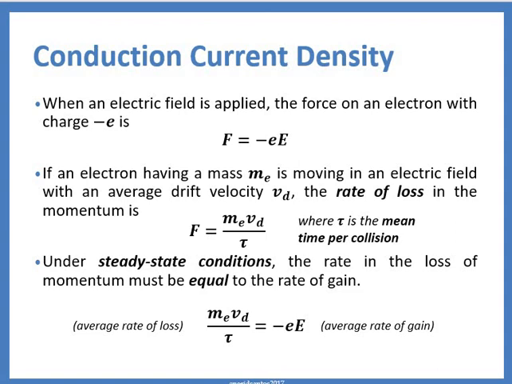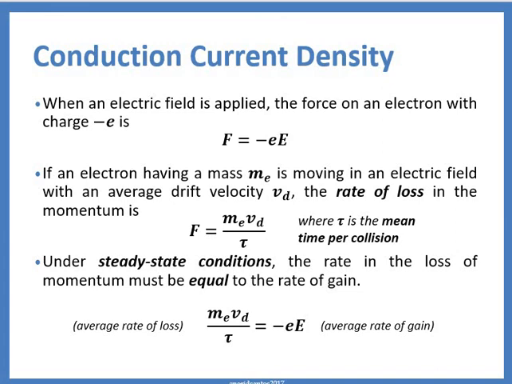Whenever an electric field is applied, the force on an electron with a charge of negative e multiplied by the applied electric field E is the force on the charge, as shown in Lecture 1. However, the force, or the rate of loss in momentum due to collision, is given by the ratio of the mass of the electron times its drift velocity, with the mean time per collision, tau.